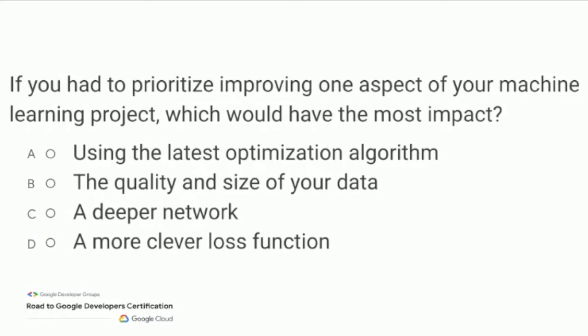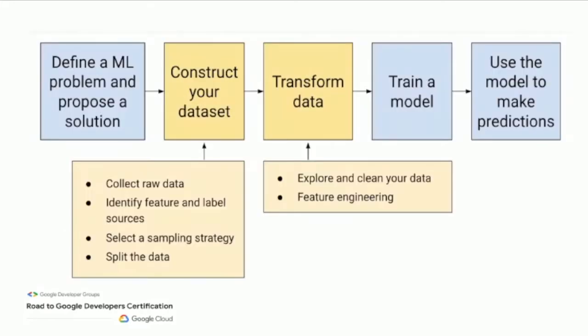But if your training data is not big enough, it's not diverse enough, and the quality is poor, maybe we have some imbalance between the classes, the model will never output correct predictions. So this is definitely the option that has the most impact. For that reason, the topics that we're going to talk about today are really important, and they are a crucial part of the process.